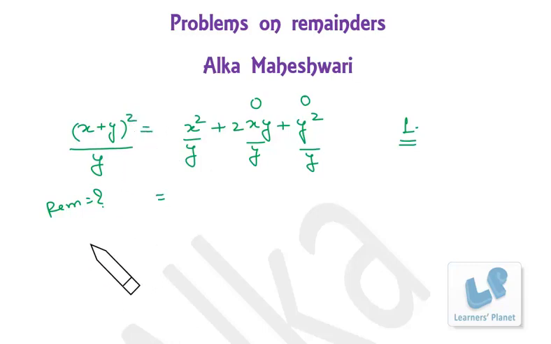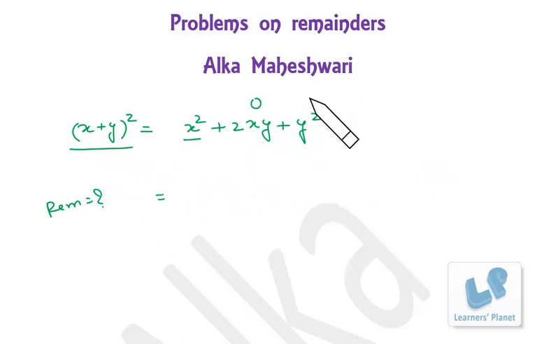Similarly, if x plus y whole square is divided by x, then the same thing: x square is a multiple of x, so 0 remainder. 2xy is a multiple of x, so 0 remainder.